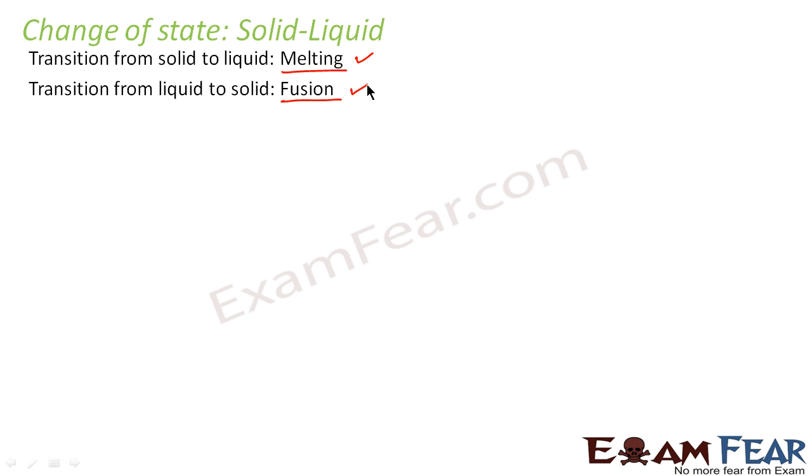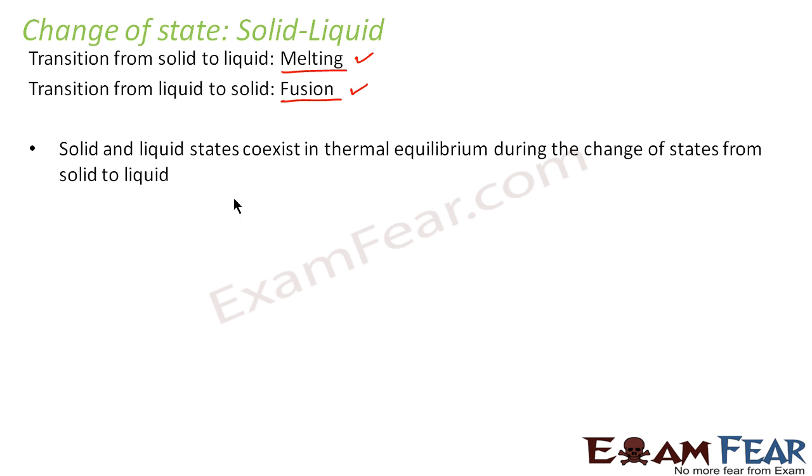So these are some small terms which you should remember, as it is going to help you when these terms come up in some problems or somewhere. So you will know what it actually means, right? Solid and liquid states coexist in thermal equilibrium during change of states from solid to liquid. That means when there is a change of state taking place from solid to liquid, at certain point of time, both the states coexist.